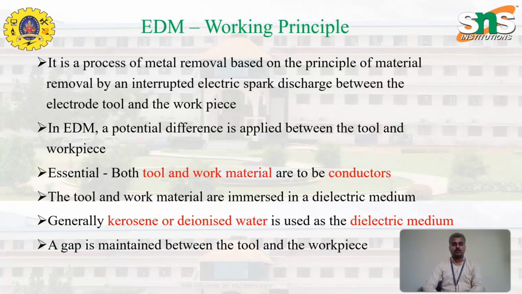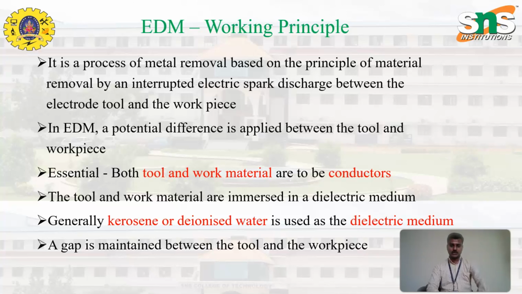In the EDM, a potential difference is applied between the tool and the workpiece. Both the tool and work materials must be conductors, because only then can the sparks easily discharge and remove the material.